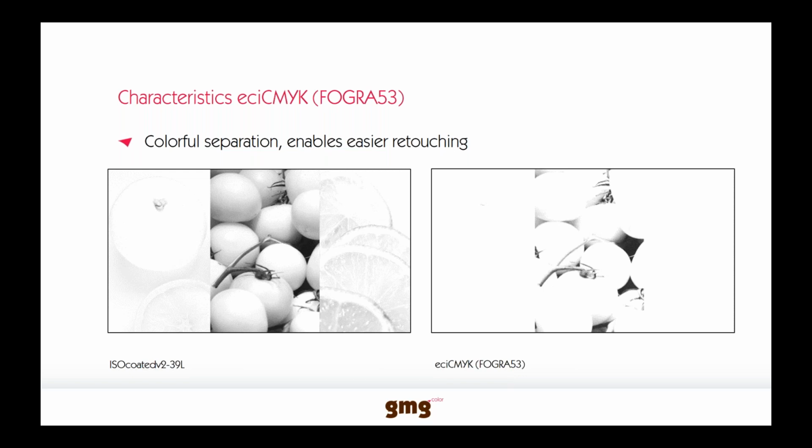So, almost according RGB retouching, when you have a very colored separation, this makes it a lot easier. On the left, you see the black channel of FOGRA39. This is a very common separation, no problem with that. But of course, for retouching, colorful separation is better.